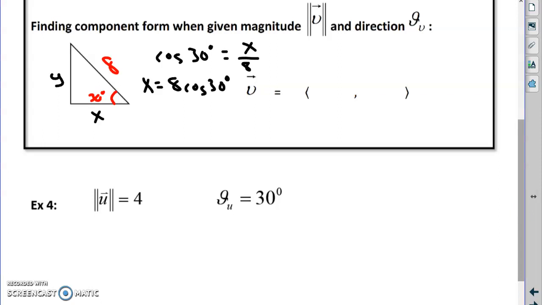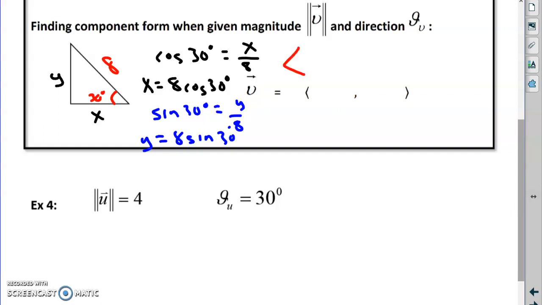Another equation for y. Sine of 30 equals y over 8. y equals 8 sine of 30. So in general, what can we say when we want to find it in component form when given magnitude and direction?